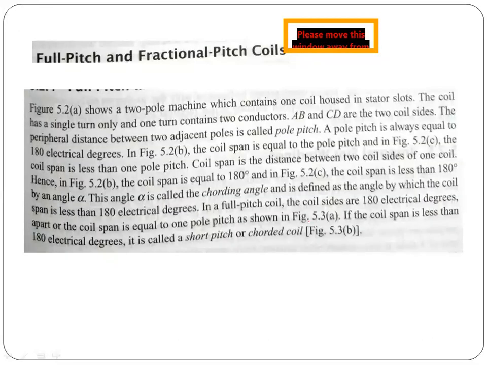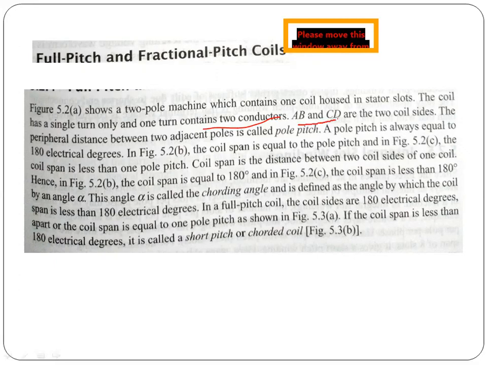Okay. Now full pitch and fractional pitch coils. A two-pole machine which contains one coil housed in stator slots. The coil has a single turn only, and one turn contains 2 conductors.